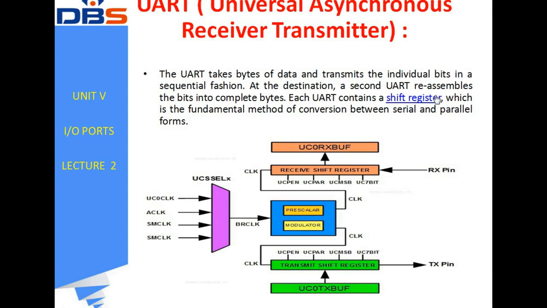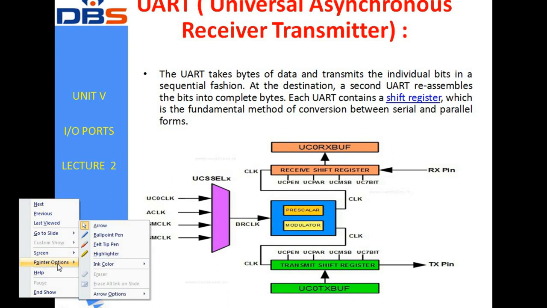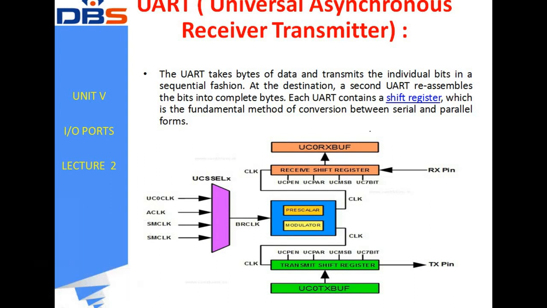At the destination, a second UART reassembles the bits into a complete byte. That means it receives the data bit by bit, and at the receiver end it reassembles all those bits into a complete byte.